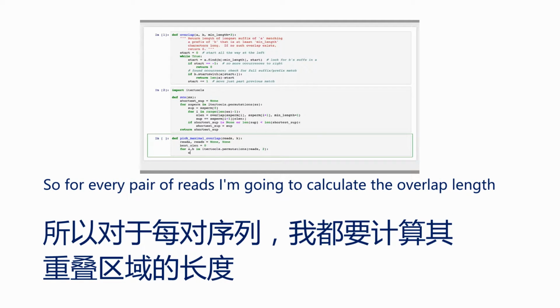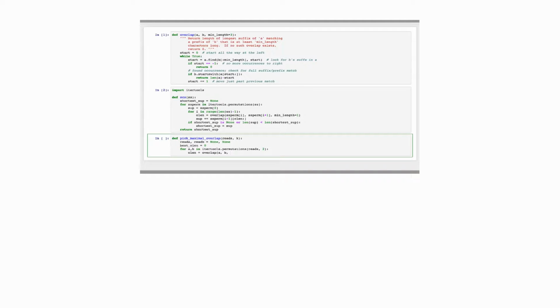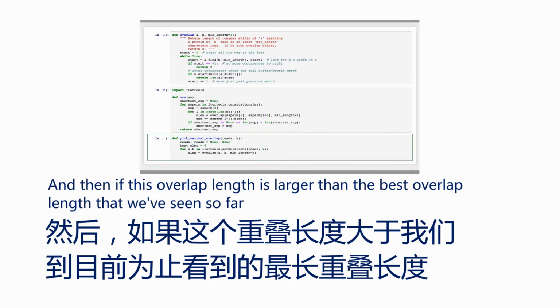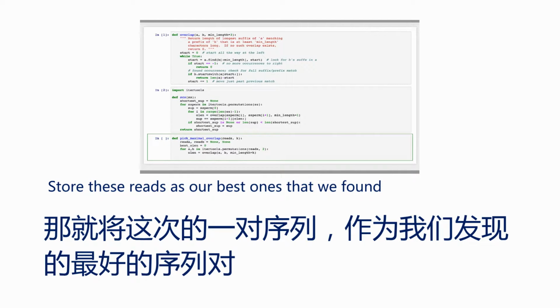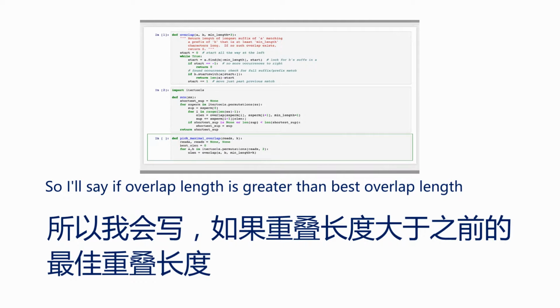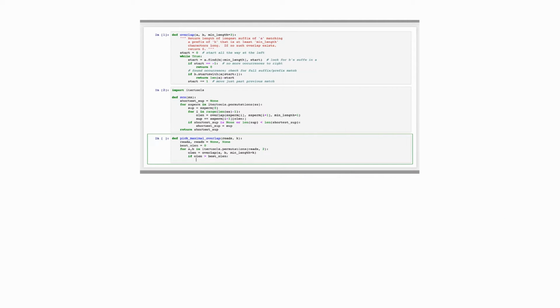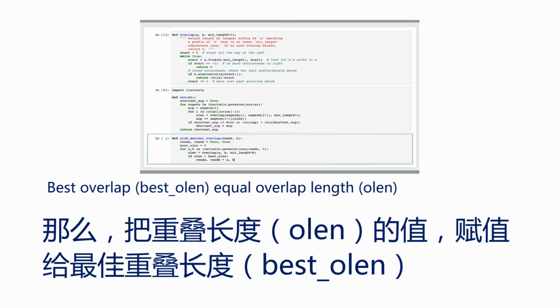For every pair of reads, I'm going to calculate the overlap length. And then if this overlap length is larger than the best overlap length that we've seen so far, store these reads as our best ones that we found. So I'll say if overlap length is greater than best overlap length, best overlap length equals overlap length.